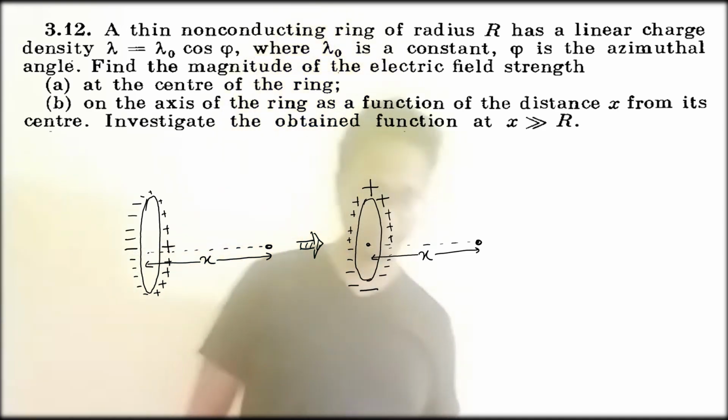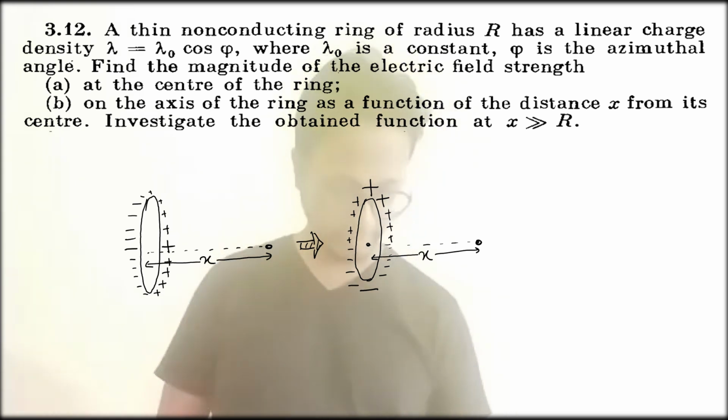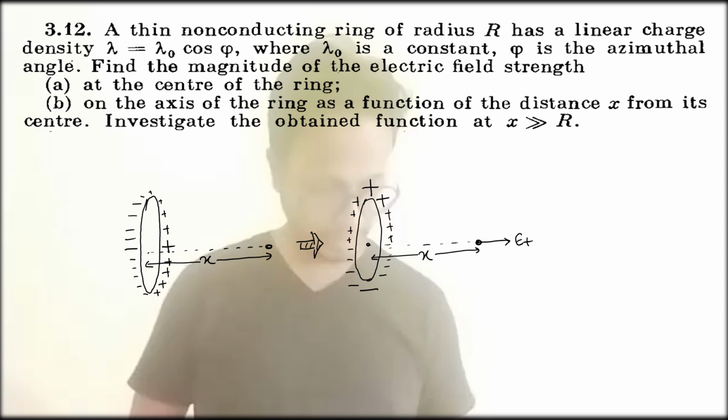Fair and fine. Now if you observe the symmetry of this ring, the positive part of the ring will have a horizontal component and a vertical component in the downward direction. So the horizontal component would be in this direction and the vertical component would be in this direction.